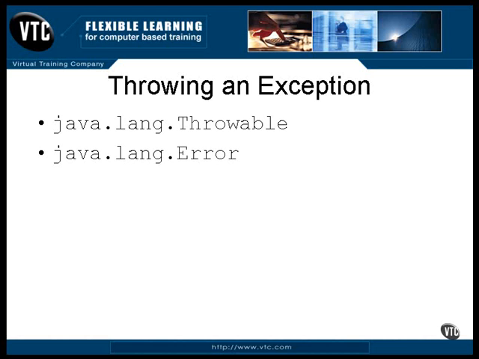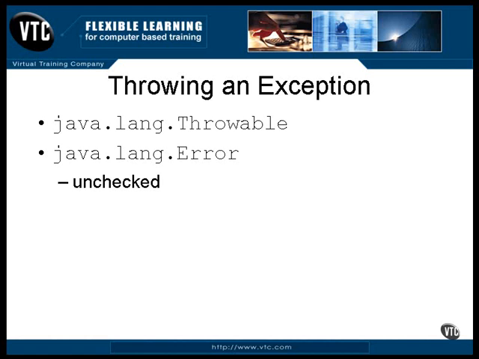An object of the Error class, or one of its subclasses, is thrown for a serious problem. This type of exception is usually thrown by the system to indicate the death of a thread or something equally fatal. These are also known as unchecked exceptions because the compiler doesn't check whether they could be thrown, and it doesn't require you to specify in your code that they could be thrown.